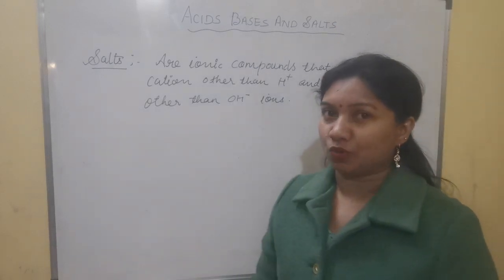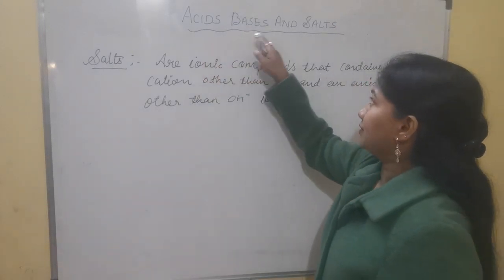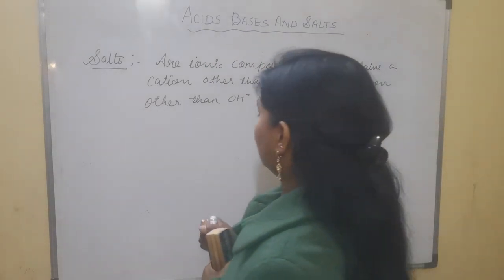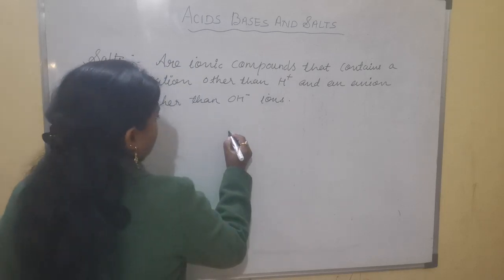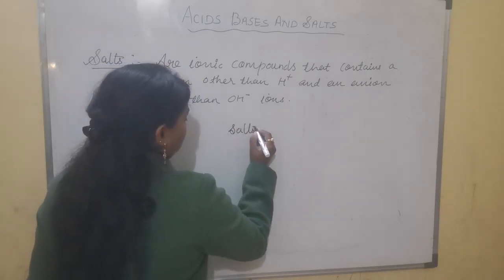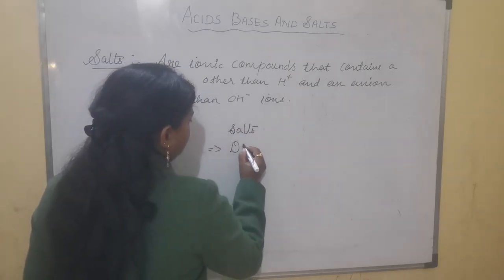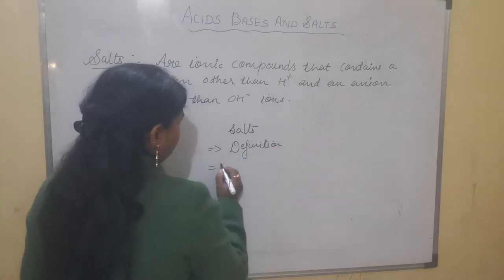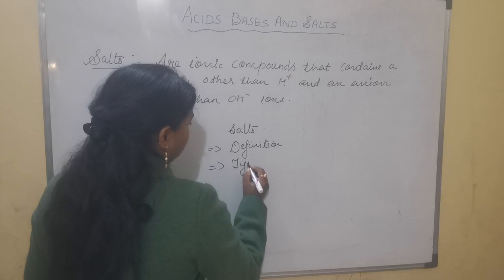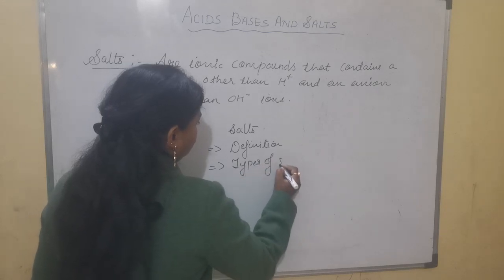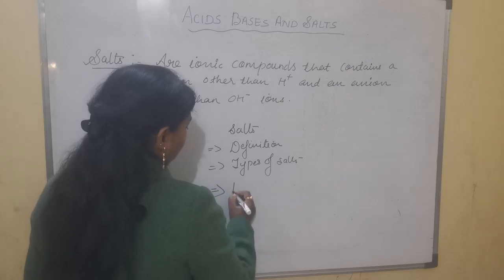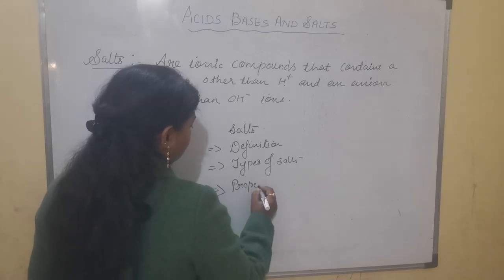Today's topic is salts under the chapter acid bases and salts. So in this video we are going to study about salts, and we'll be defining it, and types of salts, and properties.